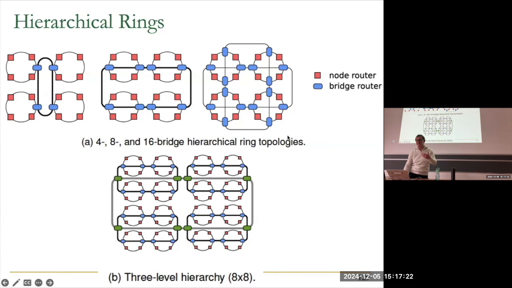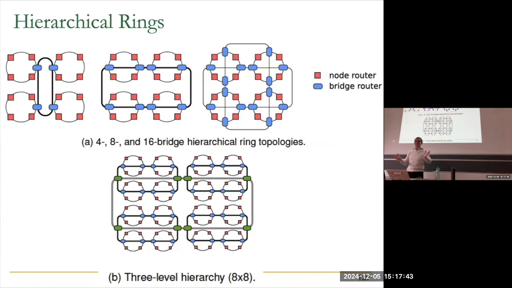So if you look at this sort of hierarchy, this is a ring over here, clearly, and you have local communication between the red nodes. But if you have another ring that looks like this over here, you can communicate between these red nodes and these red nodes relatively fast, as opposed to compare this to having a single ring, of course, right?